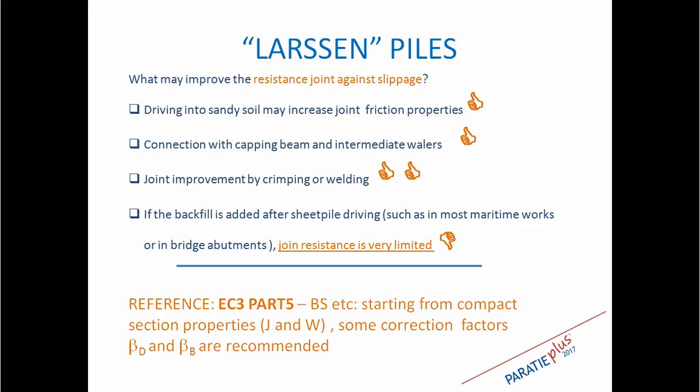And you may also, as some manufacturers propose, compose several elements and improve the resistance of the joint by crimping or welding the joint at some points. This must be negotiated with the contractor, of course.